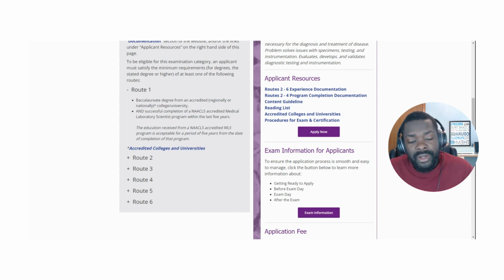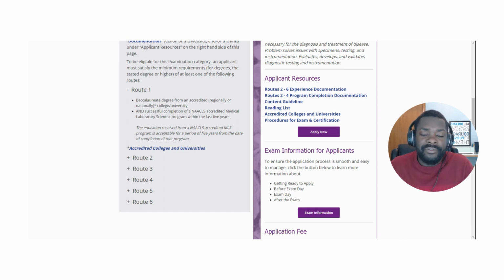So, for example, you may be a student who is at college right now and you're wondering how to get into work in the lab. Say you're a biology major, chemistry major, you're wondering how.